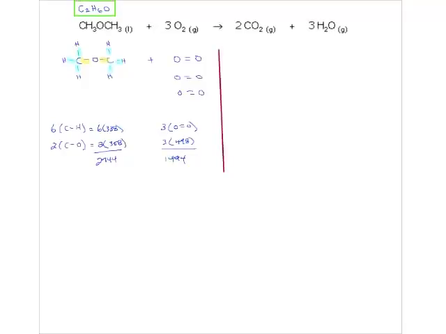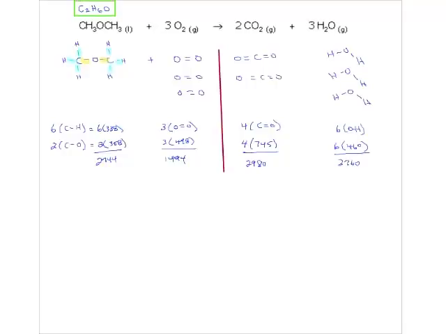Then we look at our products and we say, okay, again, 2 carbon dioxide, so that's 4 C double bond O's. I'm going quick here because it's the same thing. And then water is going to be 3 water molecules, which means 6 OH bonds. So we do the quick math and look up the table.